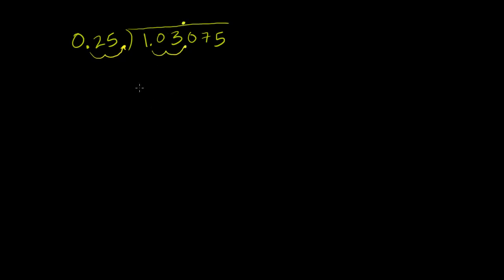To see why that makes sense, you just have to realize that this division problem is the exact same thing as having 1.03075 divided by 0.25. And we're multiplying the 0.25 by 10 twice.